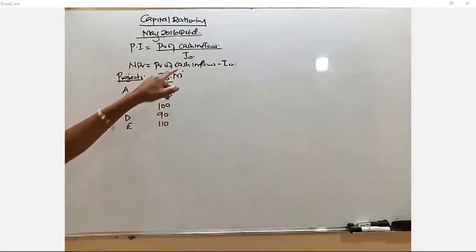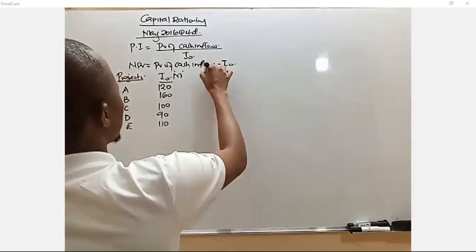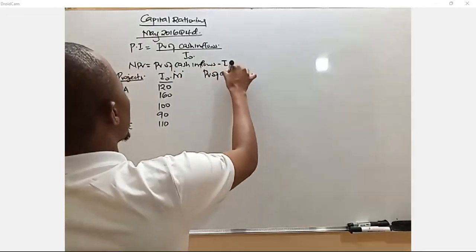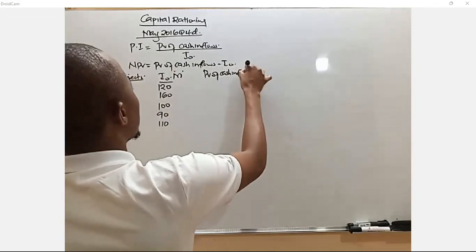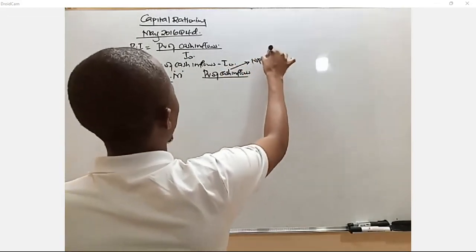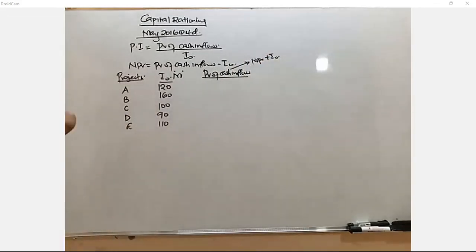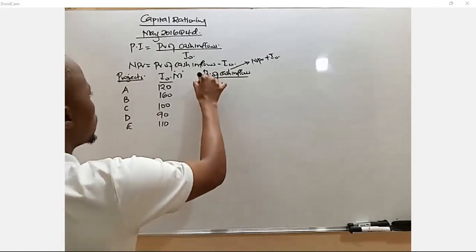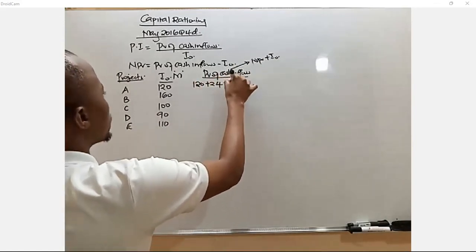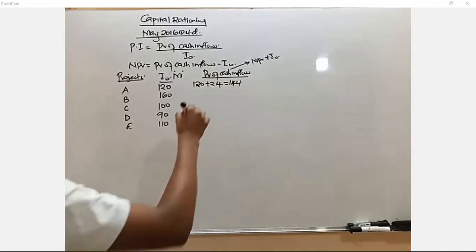What am I going to do to get the present value of the cash inflows? I'm going to pick my NPV plus my initial outlay. So the first one will be 120 plus 24, getting 144. The other one, 160 plus 43.2, getting 203.2.